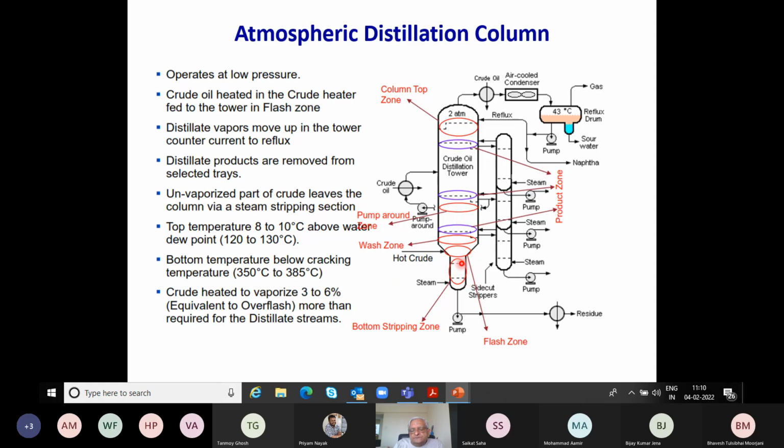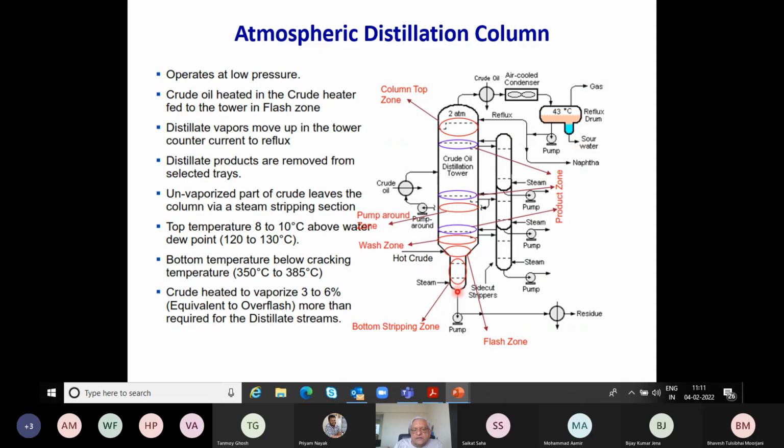One is the bottom zone, then the flash zone, the wash zone, and then the product zones. The vapor comes up to the top, condenses and collects in the overhead vessel along with the water. The steam also condenses, the steam that we put at the bottom and also the steam that we put along with the side strippers. So that comes down and we collect the water from the top.